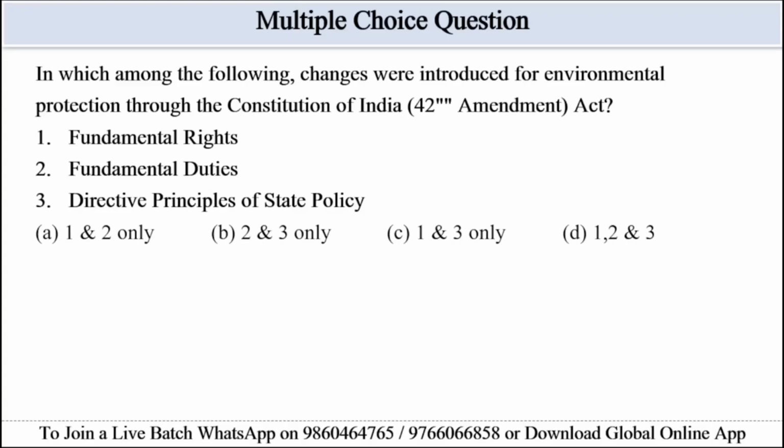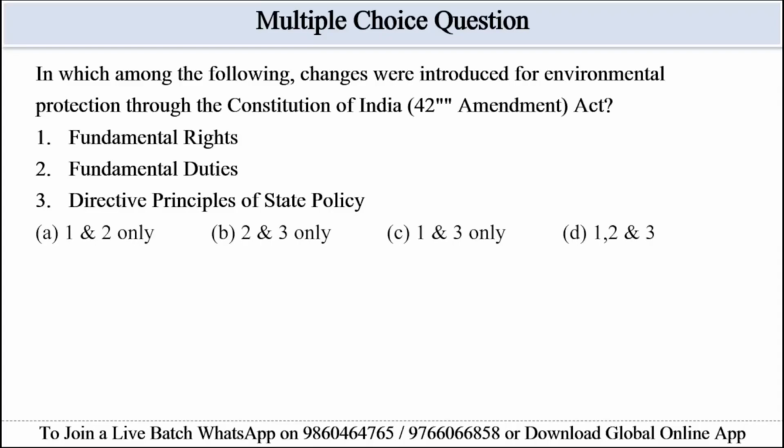So in order to extract the correct option, we have to eliminate all the wrong options. Option A includes fundamental rights, which is not correct. Option B includes directive principles and fundamental duties, which is correct because Article 51A, that is fundamental duties, and Article 48A, that is directive principles of state policy, are mentioned in the passage.